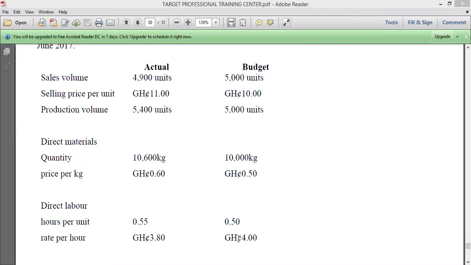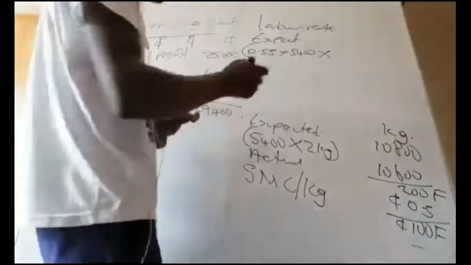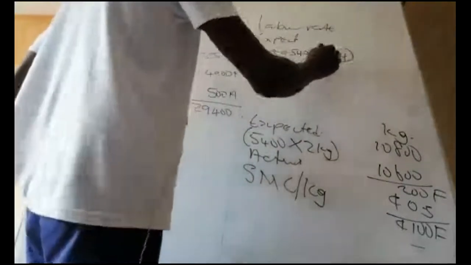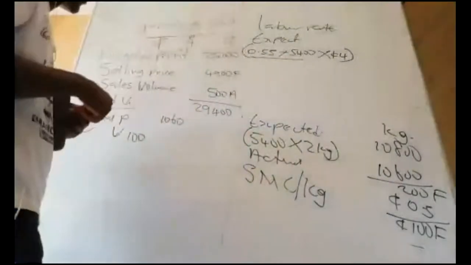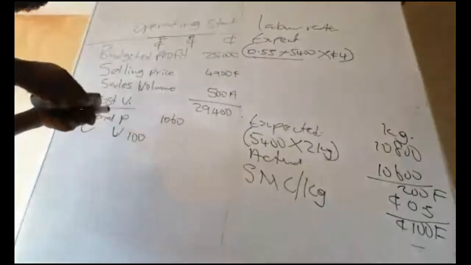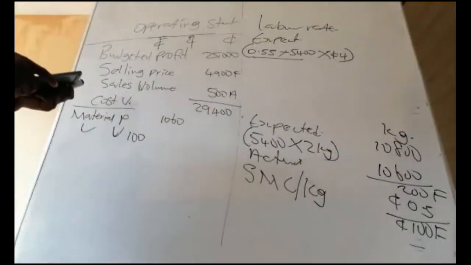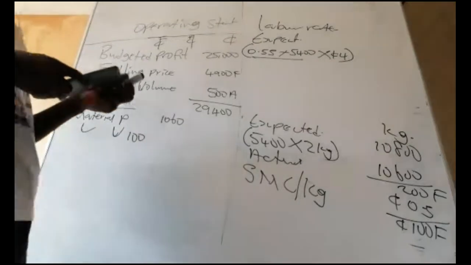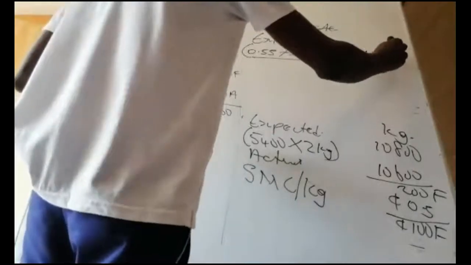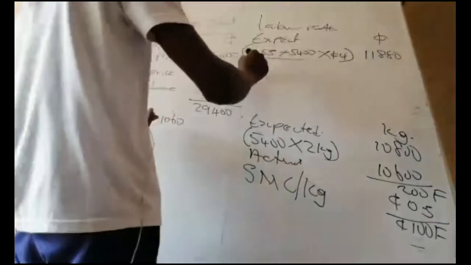The standard rate is 4 Ghana cedis per hour, as per the budget. So times 4 cedis. This is actual labor hours and this is the amount. So that will give us 0.55 by 5,400 by 4, which is 11,880. Perfect. I put Ghana cedis here.